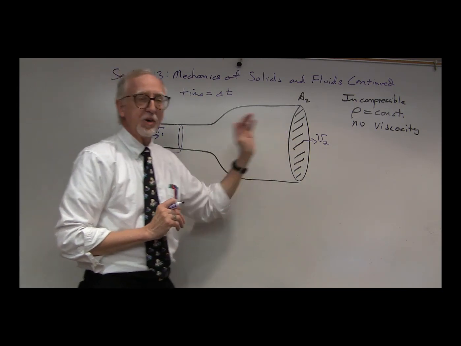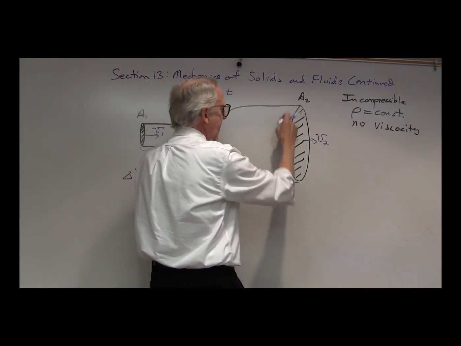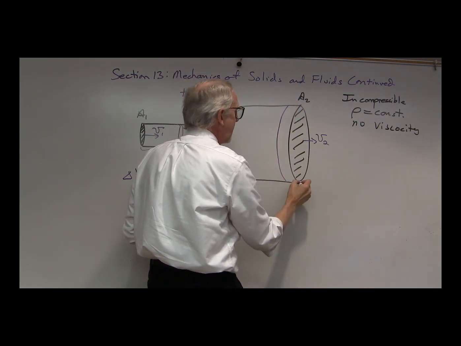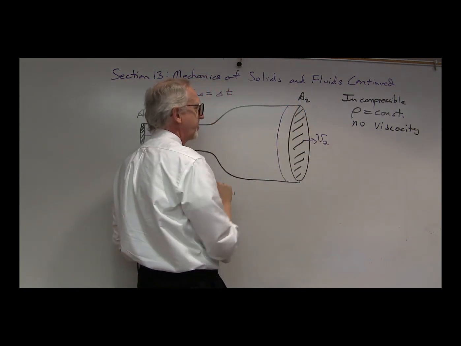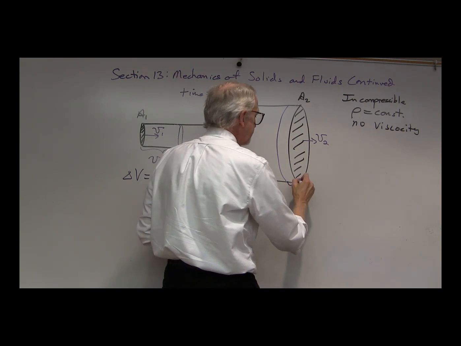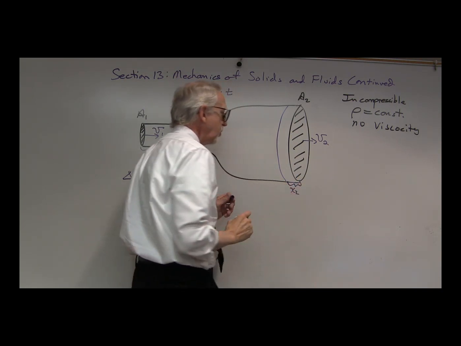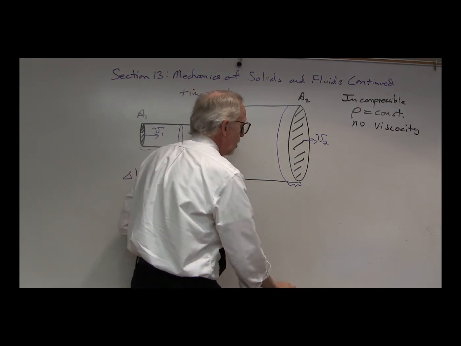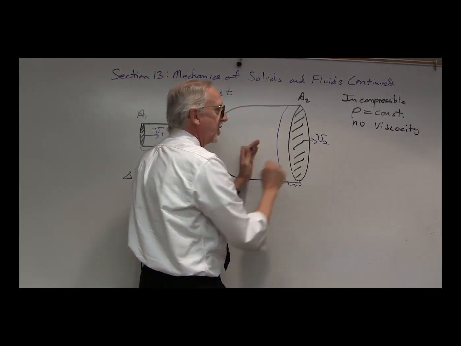And then what's over here? Well, if this is like the area of our base, what height of this cylinder will have gone out? We don't have to write that down. What's the distance that this end will have moved?